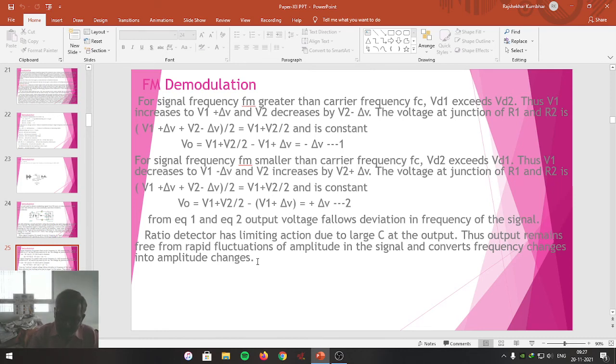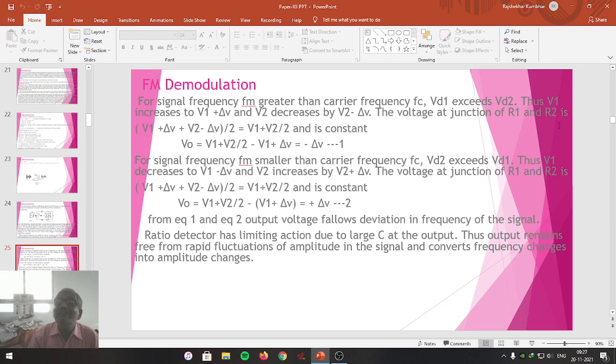This means frequency changes took place in the modulation, and at the receiving end those are converted into amplitude changes, that is between plus delta V to 0, 0 to minus delta V. Thus, by using the ratio detector, one can recover the original information from the modulated wave, and that can be fed to the required destination to get the signal which was already transmitted by using the FM modulation process at the transmitting end.